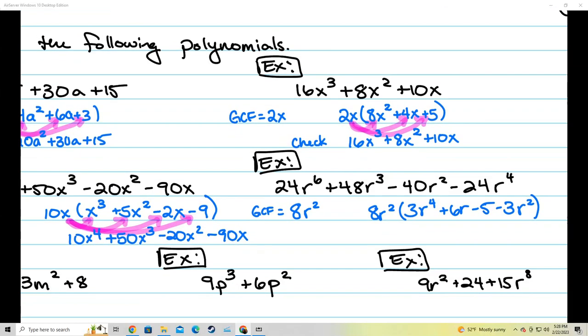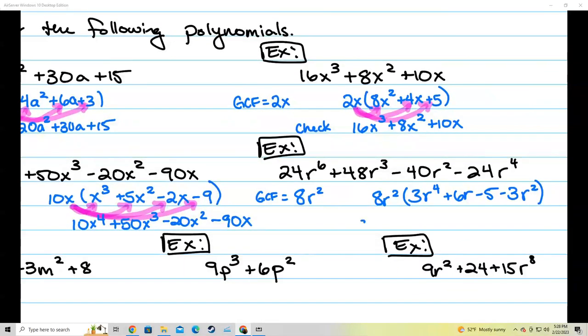And again, if you were to check it, and this is going to be the last time I'm going to run this check, guys. If I were to check it, I would just multiply this out. 8 times 3 is 24. And then R squared times R to the 4th is R to the 6th. 8 times 6 is positive 48.